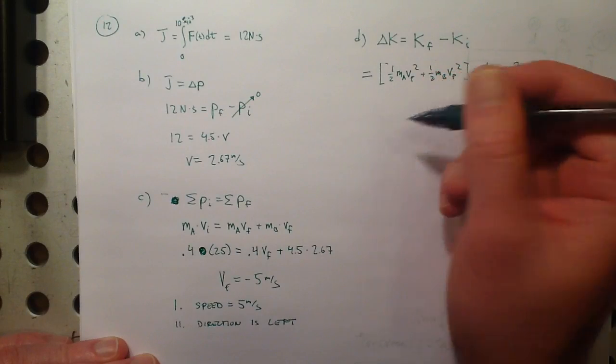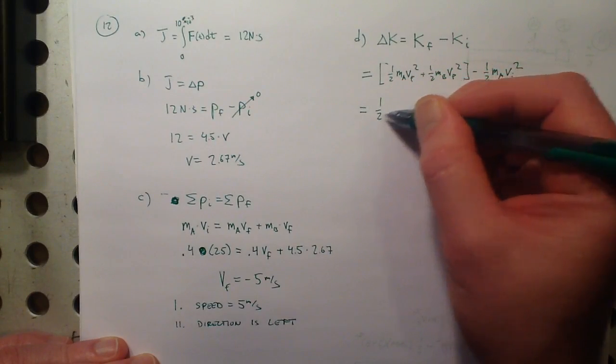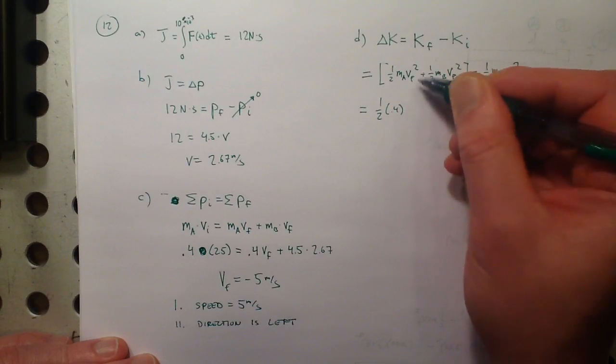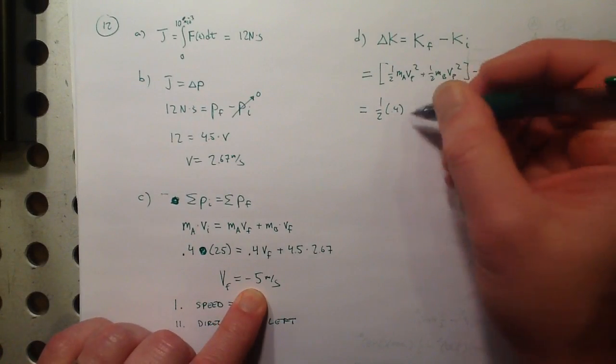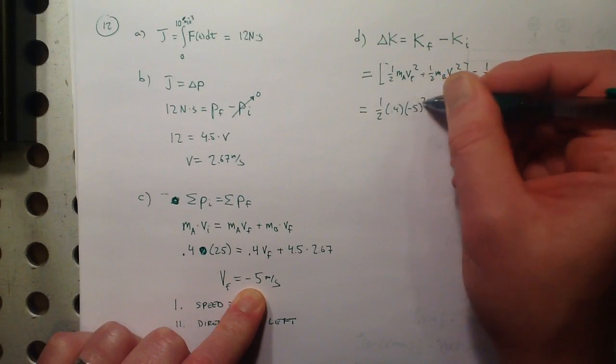And just like in the last problem, we're expecting to get a negative number here. 1/2 mass of block A times its final velocity, which is -5. Of course, it doesn't matter that it's negative because I'm squaring it.